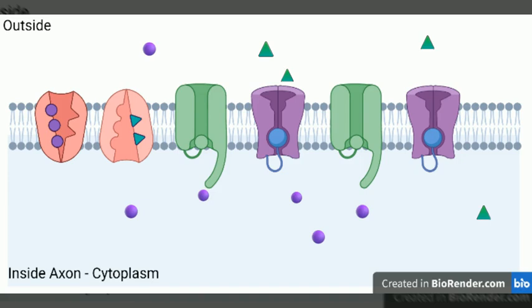So the cell relies on the sodium-potassium pump to kick 3 sodiums out of the axon into the extracellular fluid while bringing in 2 potassium ions to reset that concentration gradient so this axon could fire another action potential. So these events operate in a cycle, and this is typically the action potential cycle.